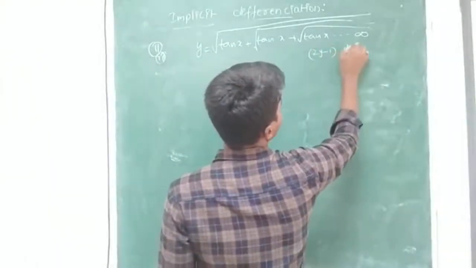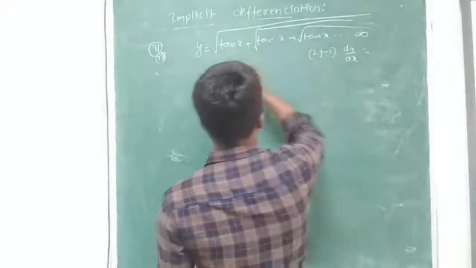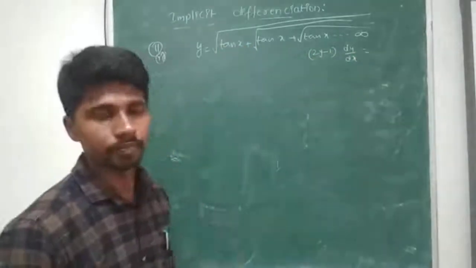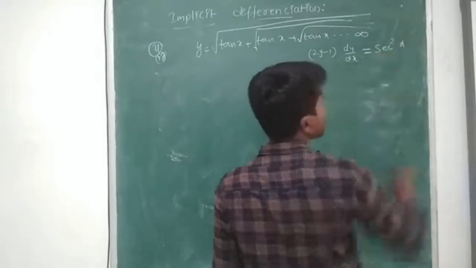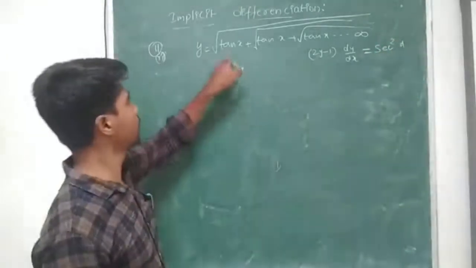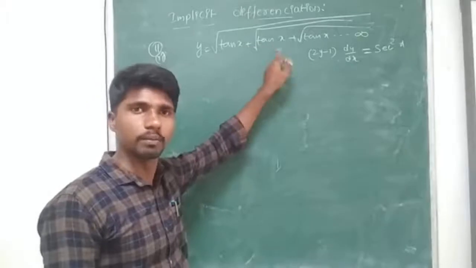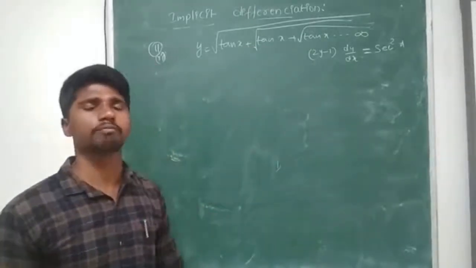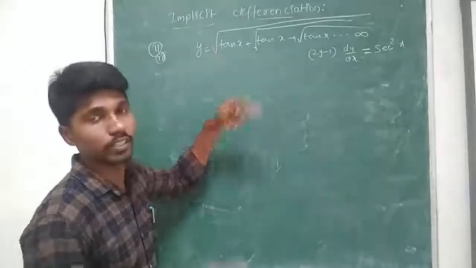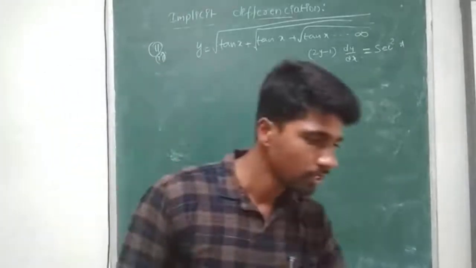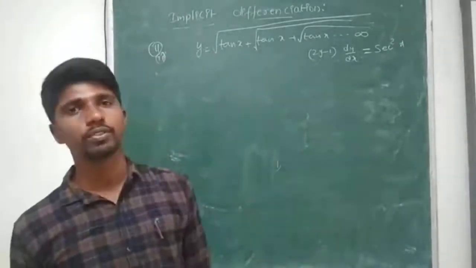What is the derivative of tan x here? Secant square x. Previous case, we have everything in terms of x. So what is its derivative? Nothing but 1. If you have here cos x, what is its derivative? Sin x.